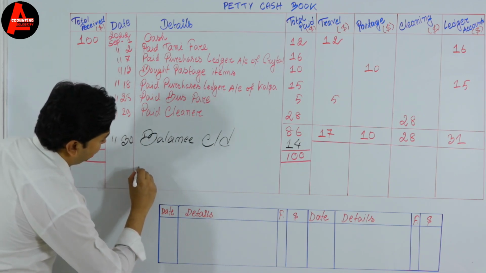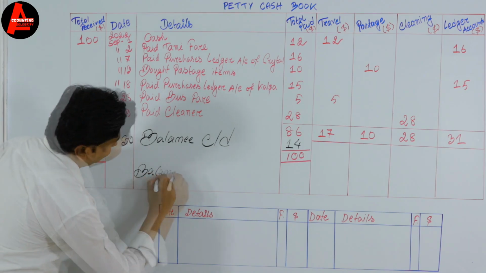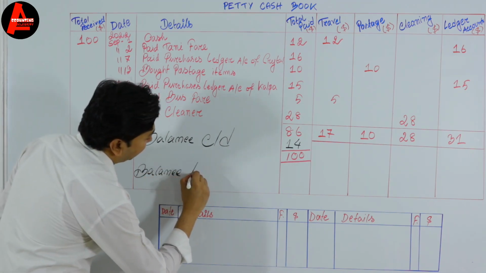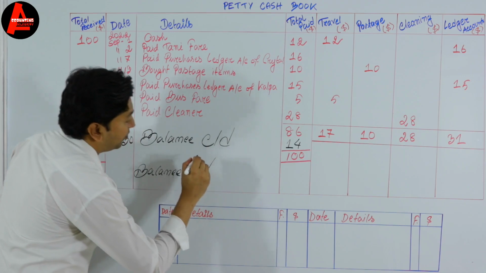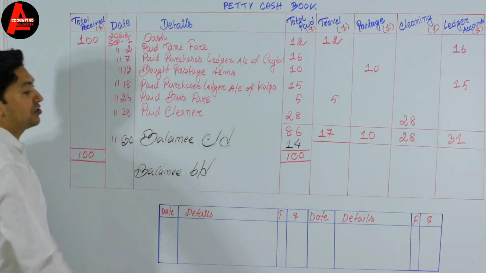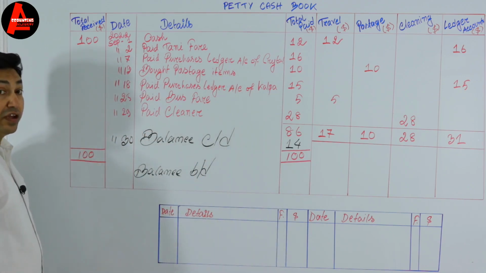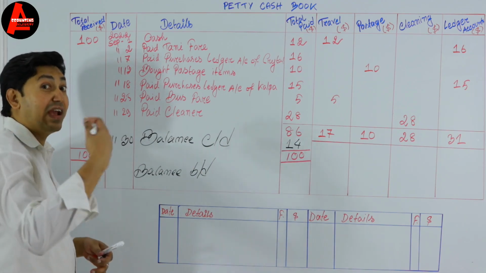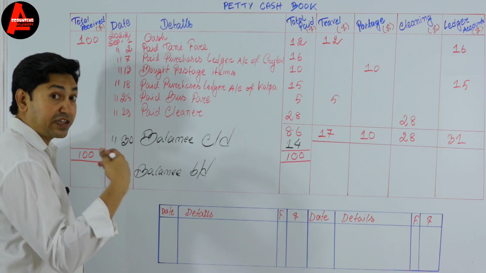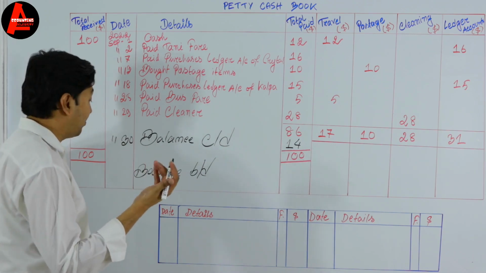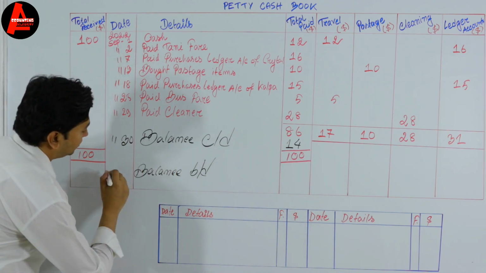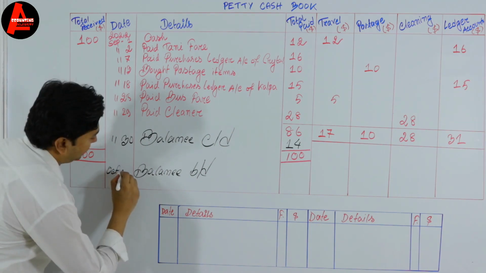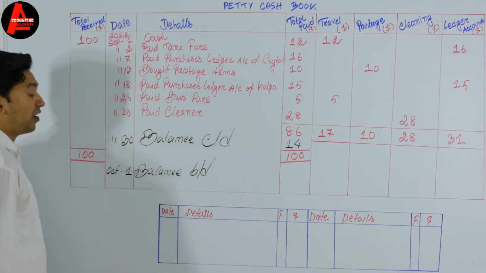We will write here balance B/D. B/D stands for brought down. The date for balance B/D will be the first day of next month. So next month will be October and it will be 1st. So let us write here October 1st.